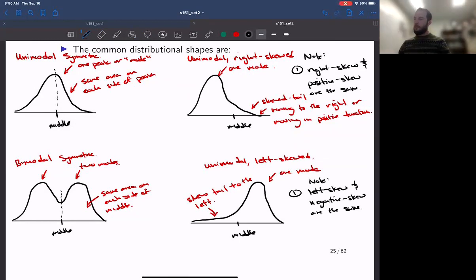Okay. So again, direction that the skewness is heading is how we define the type of skewness. So we have unimodal right skewed when the tail goes right, and we have unimodal left skew when the tail goes left. And right and positive are the same thing. Left and negative are the same thing.